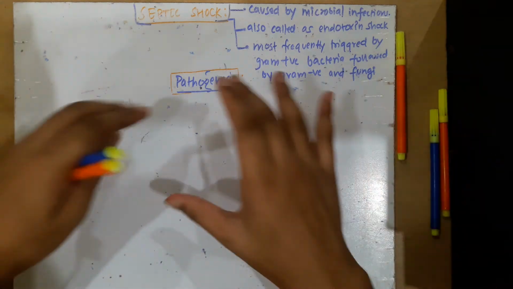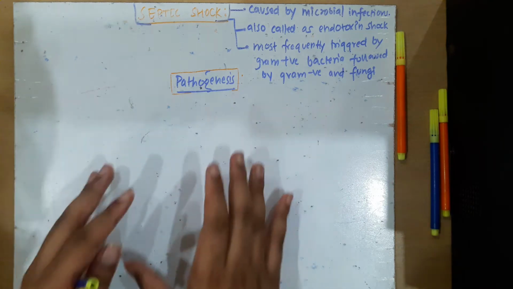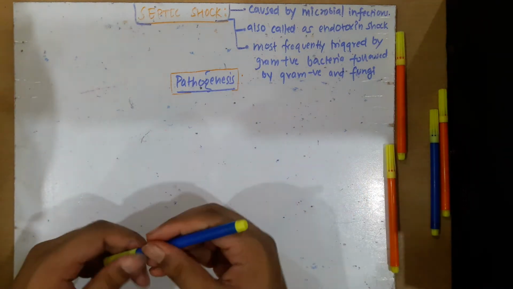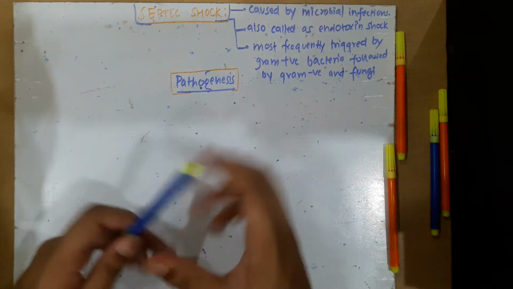So that's why I'll draw a flow chart, and then I'll try to explain the chart through some points. Okay, so let's get started. So for now, copy the chart. I'll come to the explanation right after it.